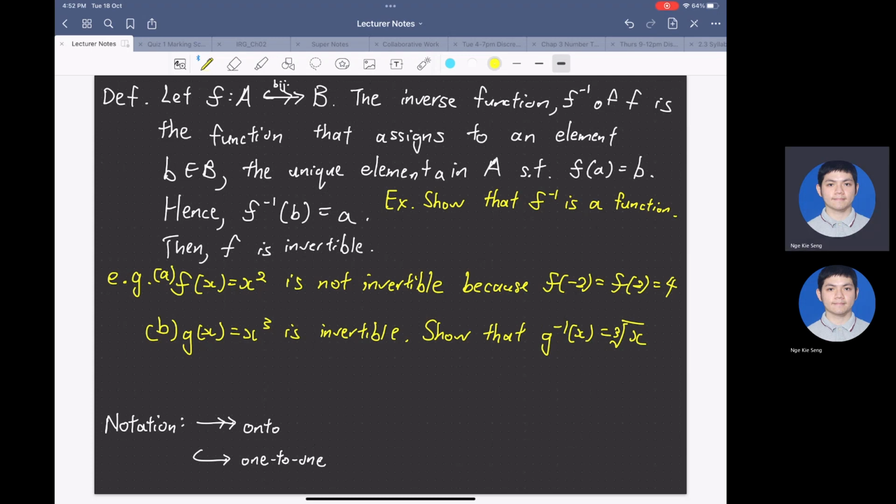This is how we find the pre-image of every element in the codomain, and it is unique because it is one-to-one. So it won't send to two different numbers, and it satisfies the definition of a function.